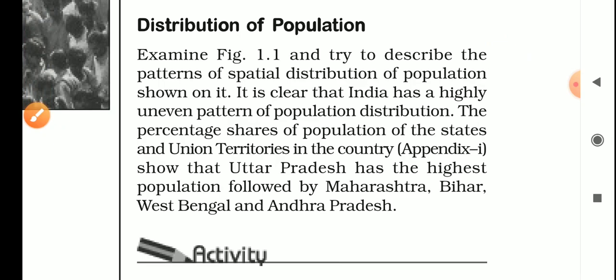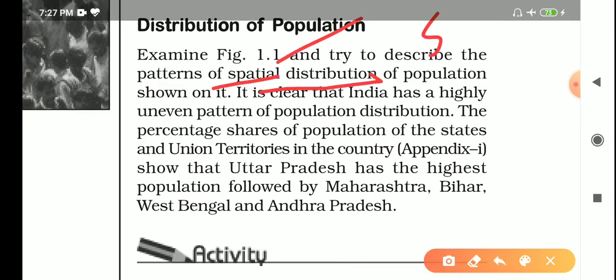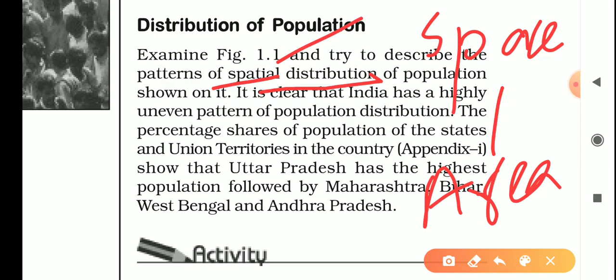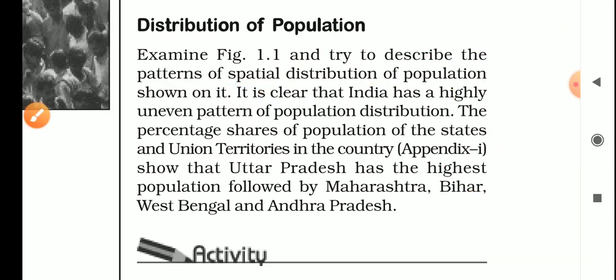Then distribution of population. How the population of India is distributed in the various states, various areas. Examine figure 1.1. I will show you a figure, and try to describe the patterns of spatial distribution. What is spatial distribution? Spatial means space. Space means area. So distribution of population area wise, space wise.